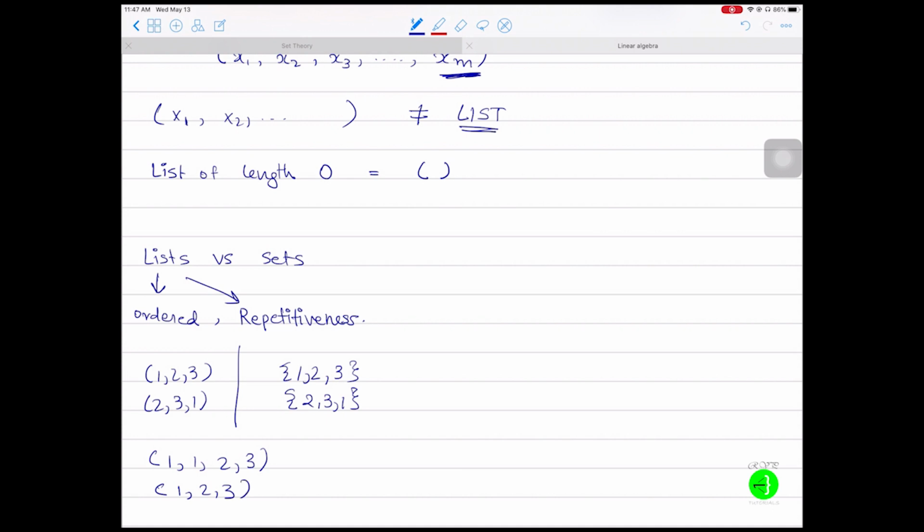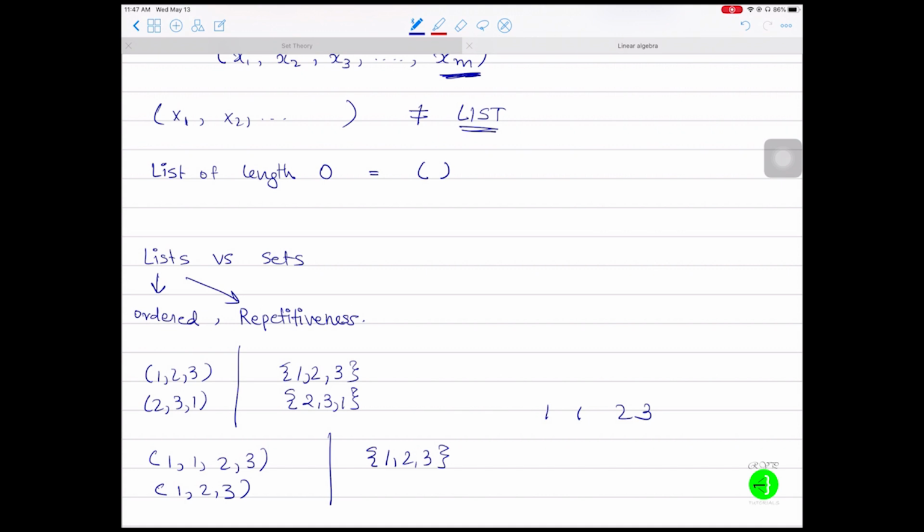You can see clearly that the first list is of length 4 and the second list is of length 3. In sets, repeating elements does not matter. So if we were to make a set from elements 1, 1, 2, 3, the set would look like 1, 2, 3. So in sets, having repeated elements does not make sense, but in lists, having repeated elements makes sense.